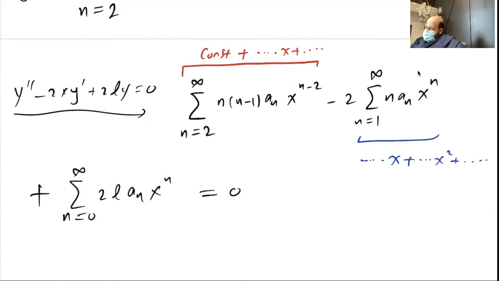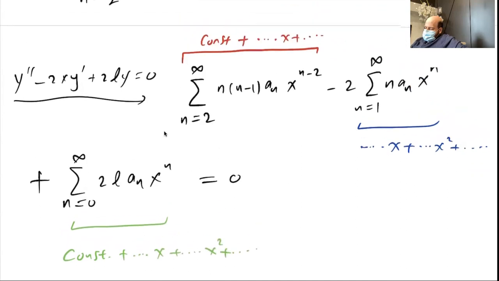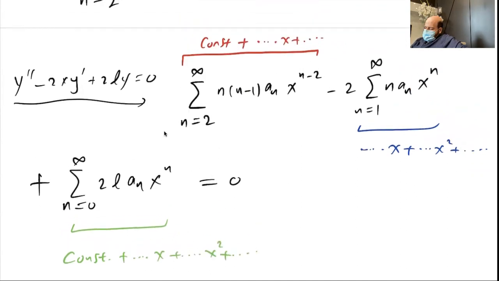And what about this one? It starts with n equals 0, and it's x to the power n. So x to the power 0 is a constant term. So it starts with a constant term plus something times x plus something times x squared, and so on. So two of them start with a constant term and one of them starts with an x term.